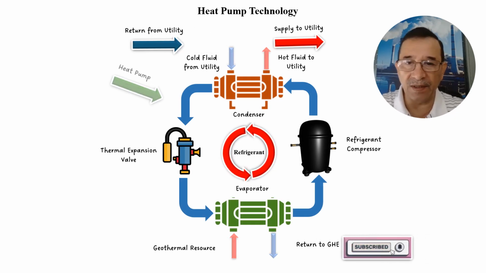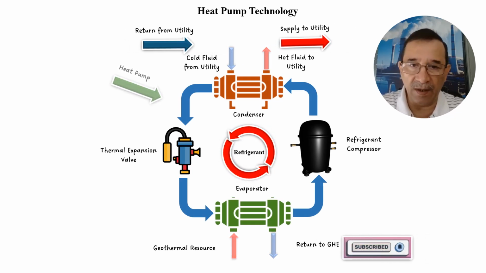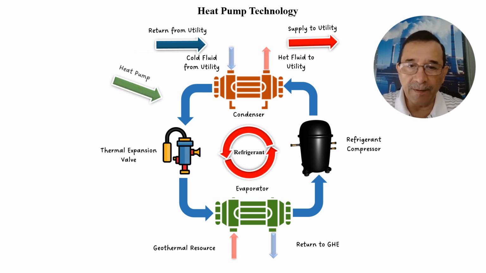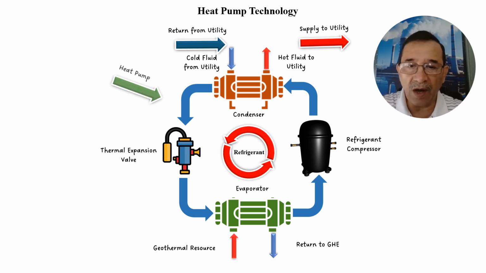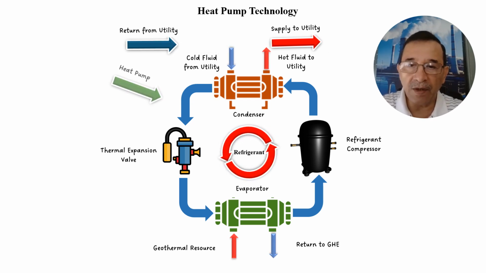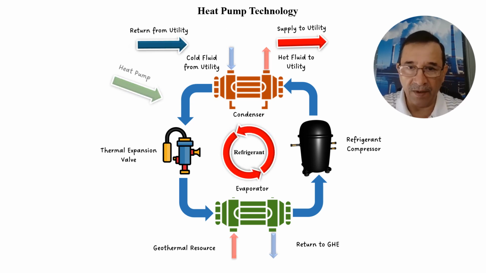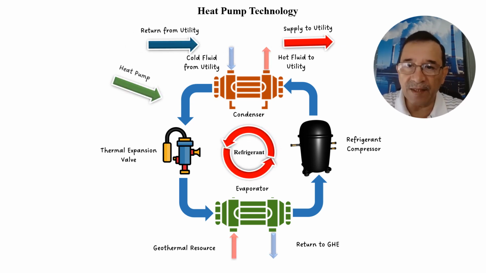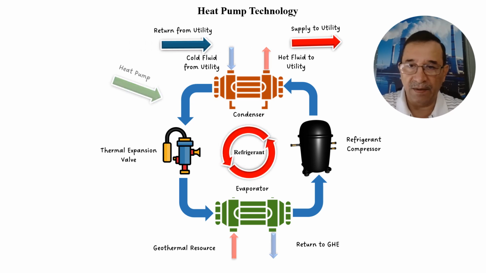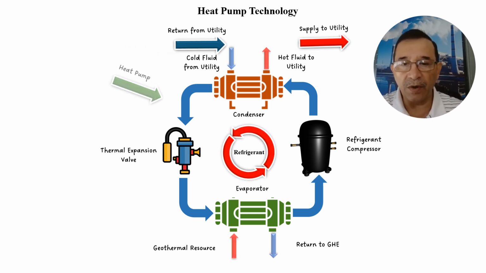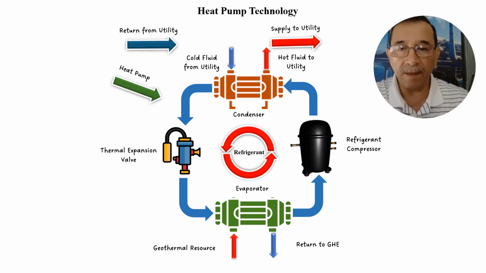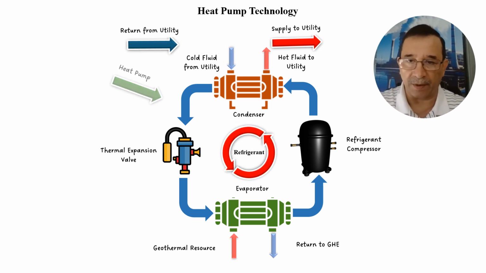This illustration shows the main components in this machine: evaporator, compressor, condenser, and expansion valve. So the cycle starts from the operation of the evaporator.